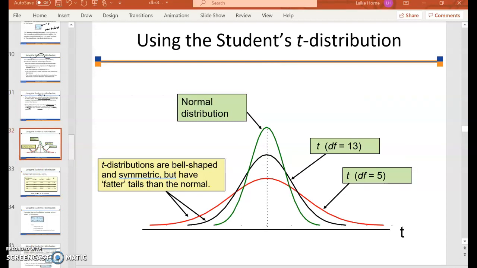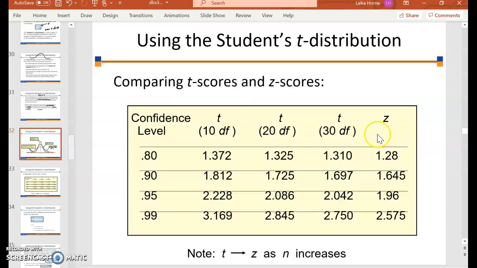So if you look at this distribution, you see the normal, which is green, okay? If you look at the red, the degrees of freedom is 5, which means n minus 1. That's how we got the degrees of freedom. So the sample size here is 6.